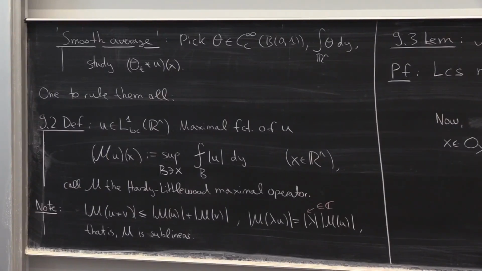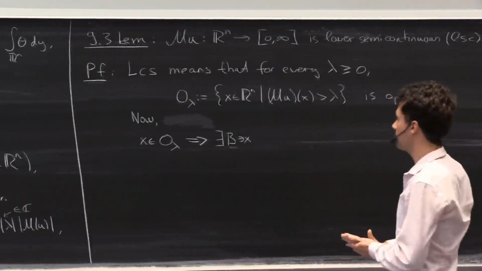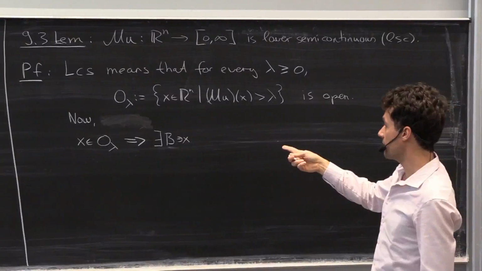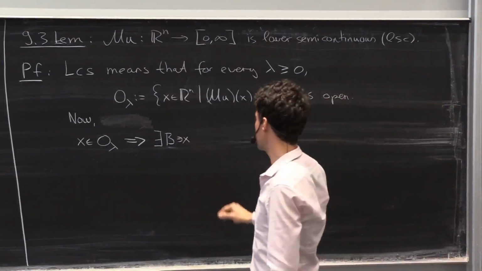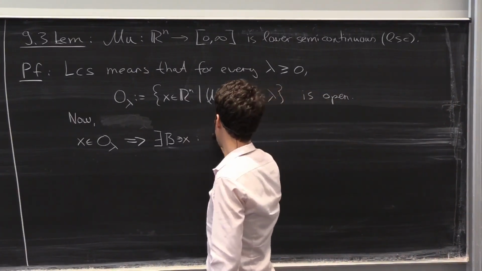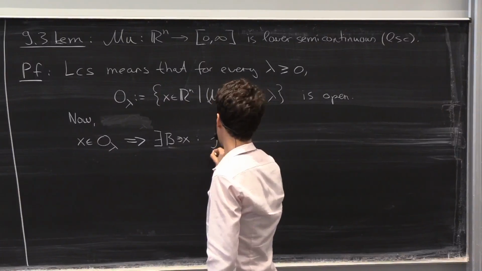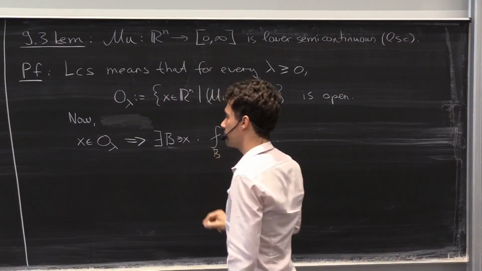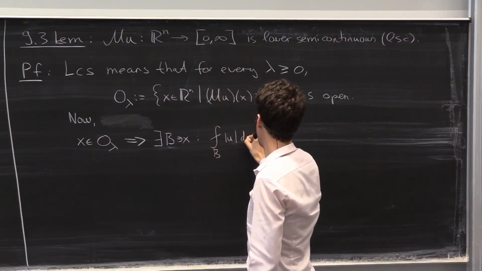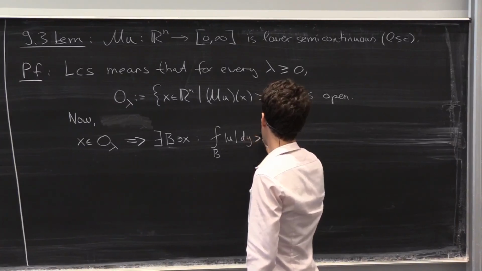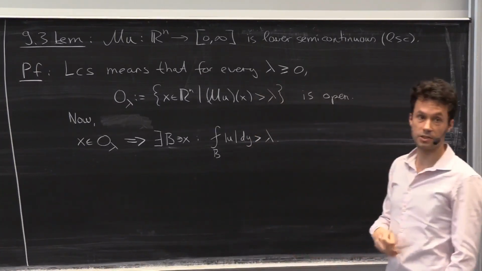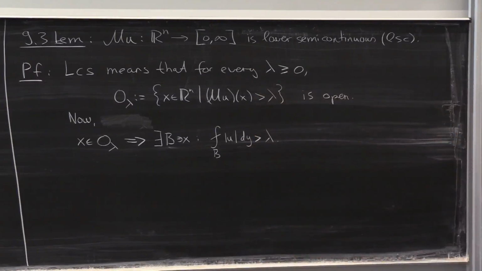B is always going to be a ball, unless I say something else, which I'm never going to do. There exists a ball B that contains x with the property that the average of the absolute value of u on this ball is strictly larger than lambda. That's just the definition. Agreed?